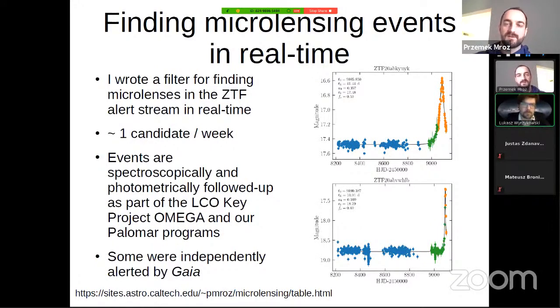So perhaps there is some room for synergy with well-sampled ZTF light curves. I think the Gaia alert team could benefit from using ZTF data to characterize the events.